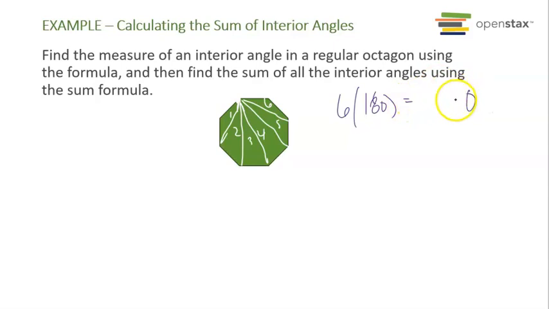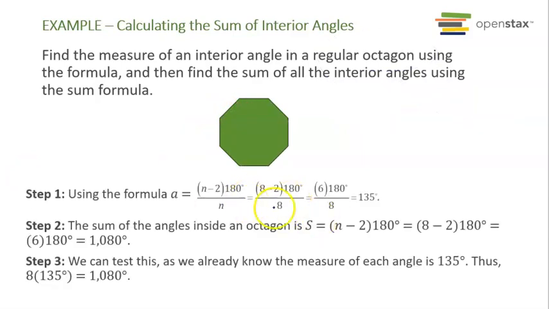So that would be 0 first, and then an 8, and then carry the 4, so 1080. Then I could divide that by 8 to figure out what each angle is out on the side, right? 180 times 6 is 1080, and now I can just go ahead and divide that by 8, and I can get each one.